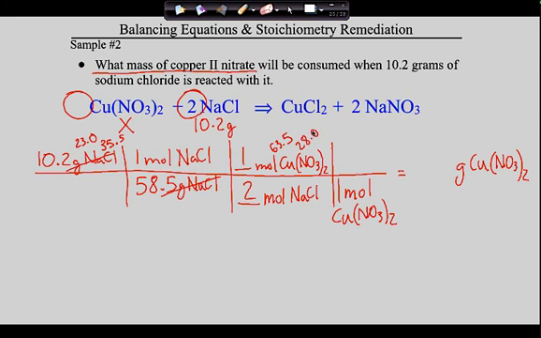And then oxygen, you may even remember, is 16, but you'll notice that there are 6 of them for a total of 96 grams. Now adding these numbers together, 96 plus 28 plus 63.5, and I get 187.5 grams of Cu(NO3)2.